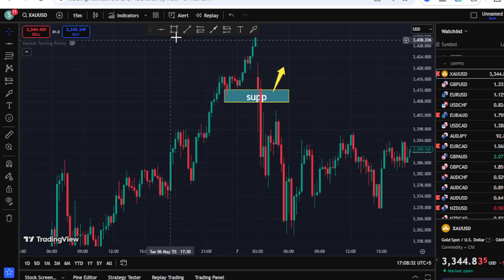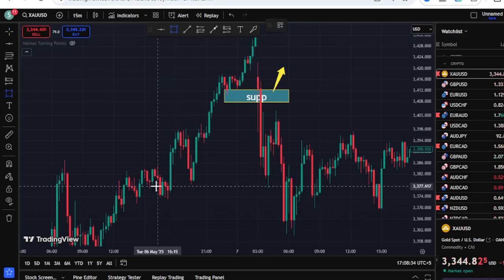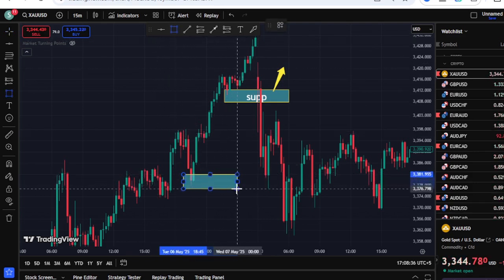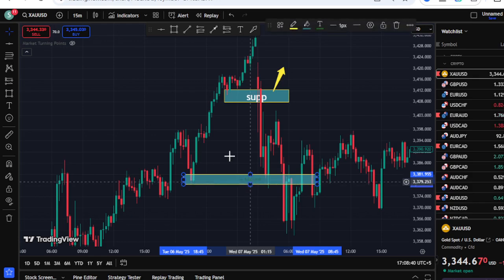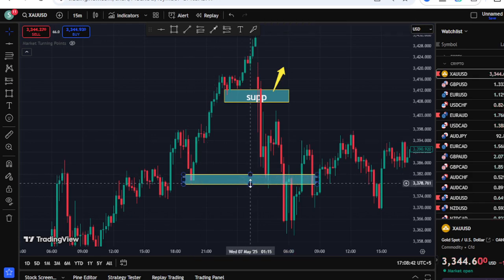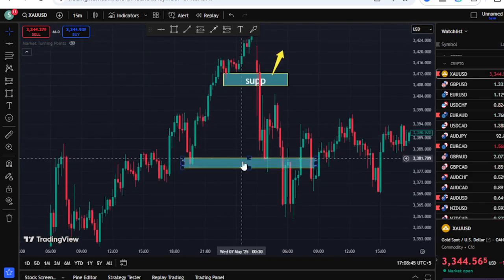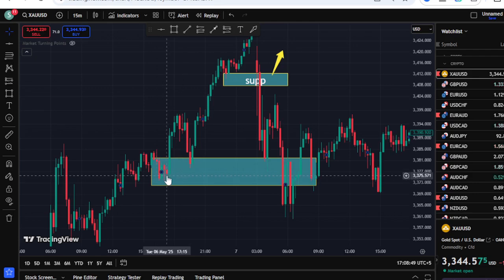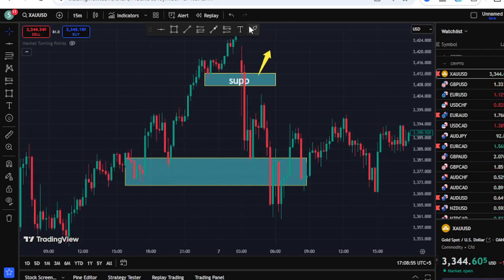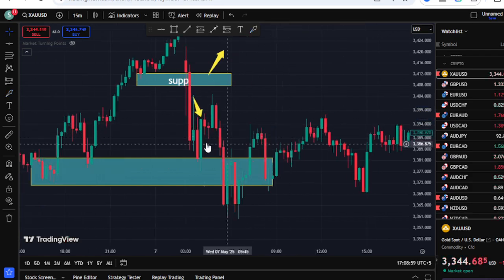And still it doesn't stop. Now we have two levels here. If I make a smaller level here, you can see this is another support, and if I extend that level, you will realize that we have a very close, immediate support like this one. Now guys, just look at this long green candle that I have set up here.